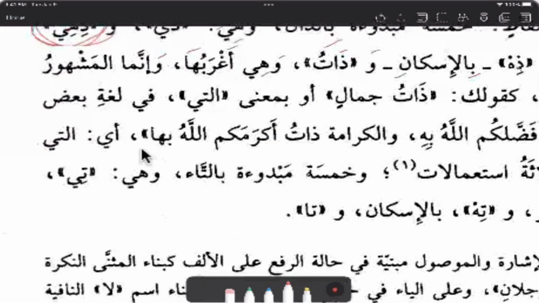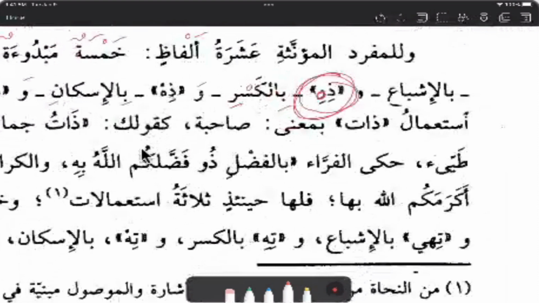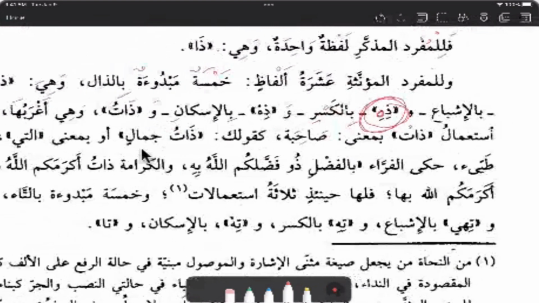He says, wa innama al-mashhur isti'mal dhat bi ma'na sahibah. Rather, what's famous is using dhat to mean the one who has, for a female though, like dhu.